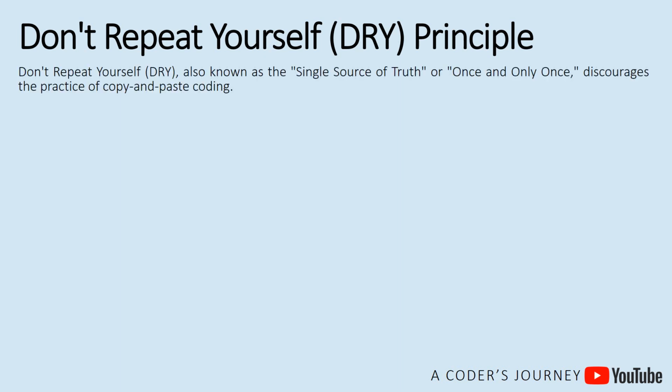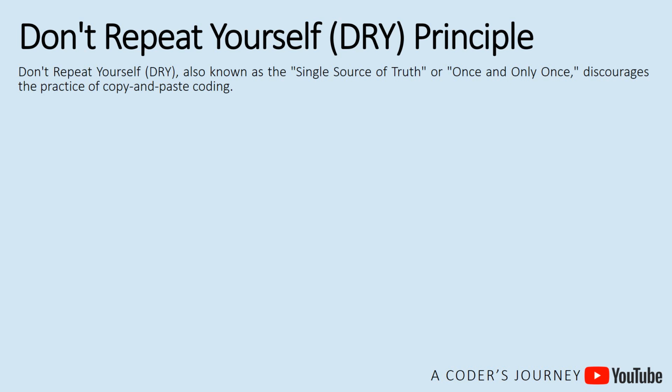Don't repeat yourself, or as it is sometimes known, single source of truth, or once and only once. So basically, don't repeat yourself means you shouldn't have code duplication. You shouldn't copy paste your code.